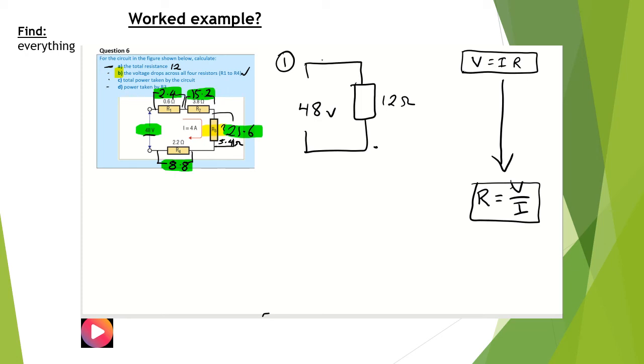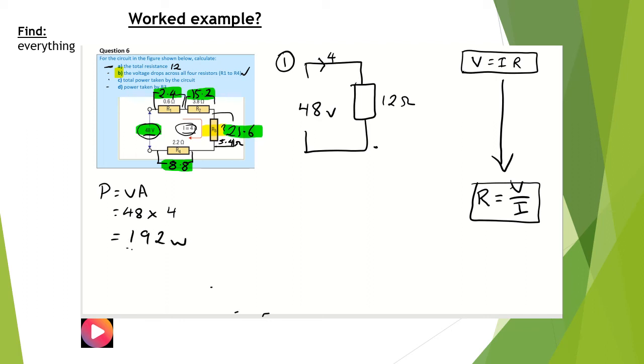Alright, well we know that there's 4 amps flowing in here, because that was given here. Power is equal to volts times amps. The total voltage, 48 volts, multiplied by the current in the circuit, which is 4 amps. 48 times 4 is 192 watts.